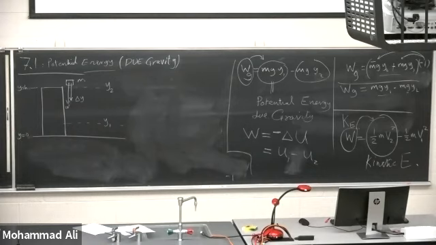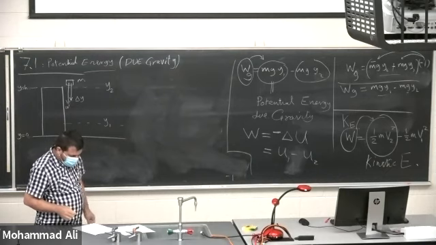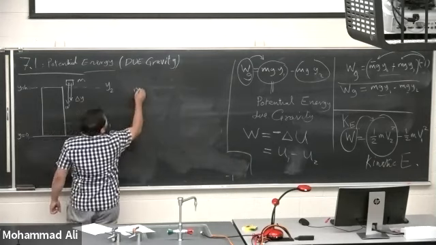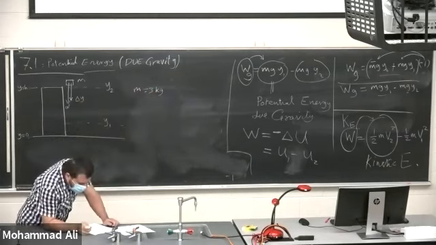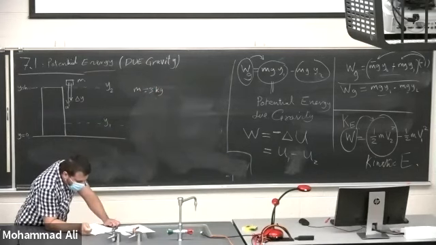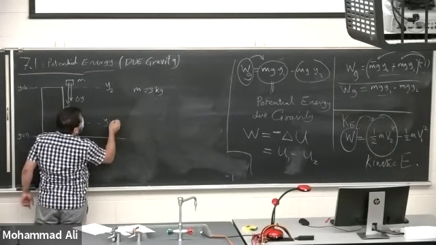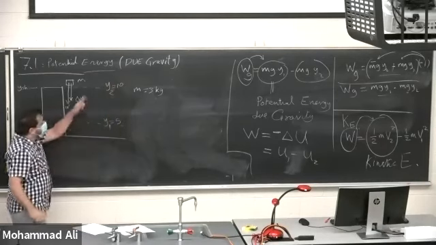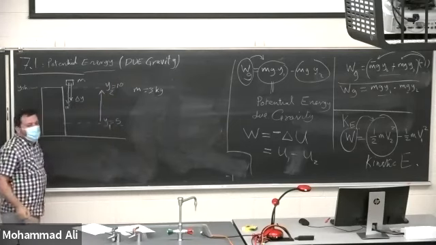As an example, we have a mass equal to 3 kilograms, and we need to move it from y equal 5 to y equal 10. This is y1, this is y2. We need to move the mass in this direction.